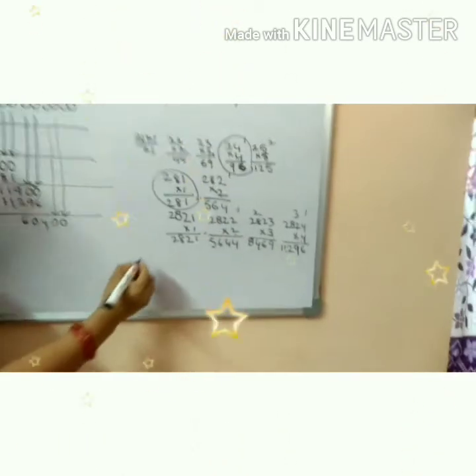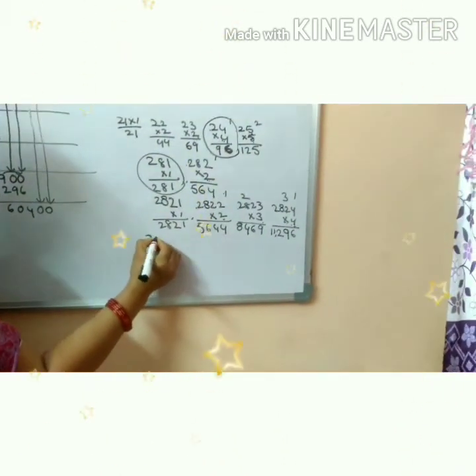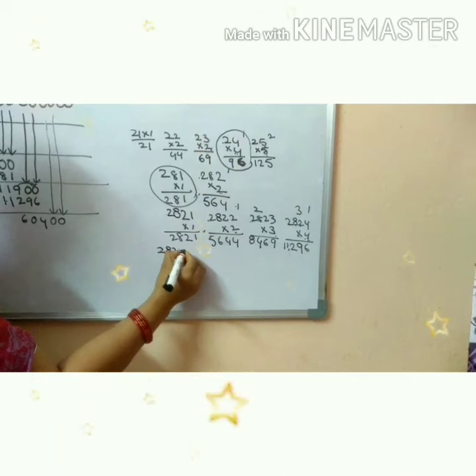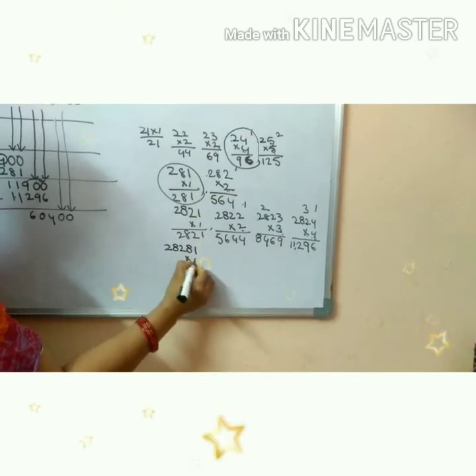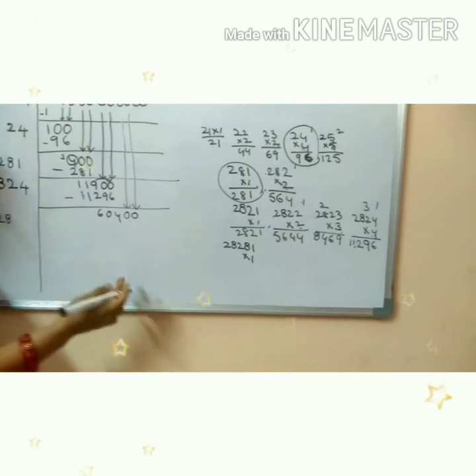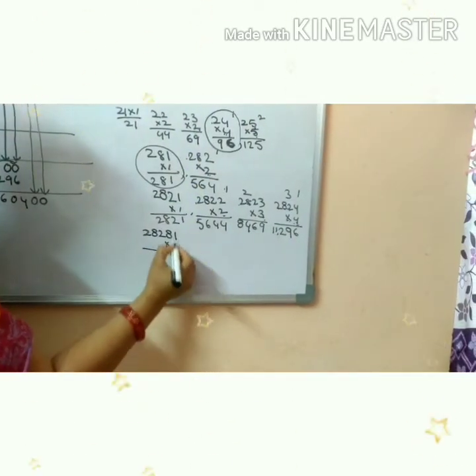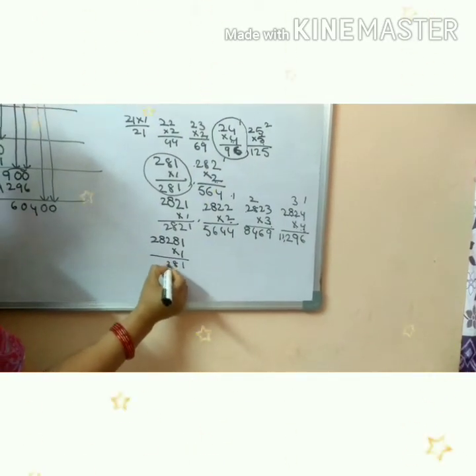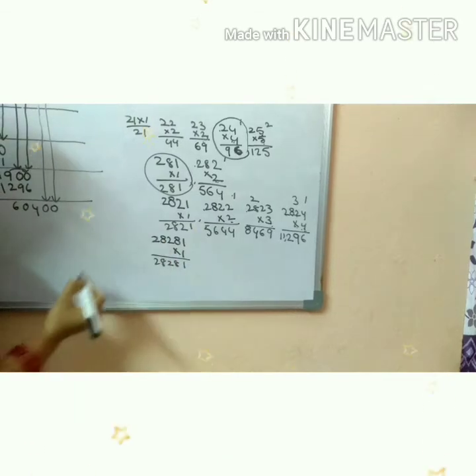First we learn that 2, 8, 2, 8, 1 into 1. Just we observe up to here how to take the 1. Afterwards multiply that. 1 1s are 1, 1 8s are 8, 1 2s are 2, 1 8s are 8, 1 2s are 2. Okay.